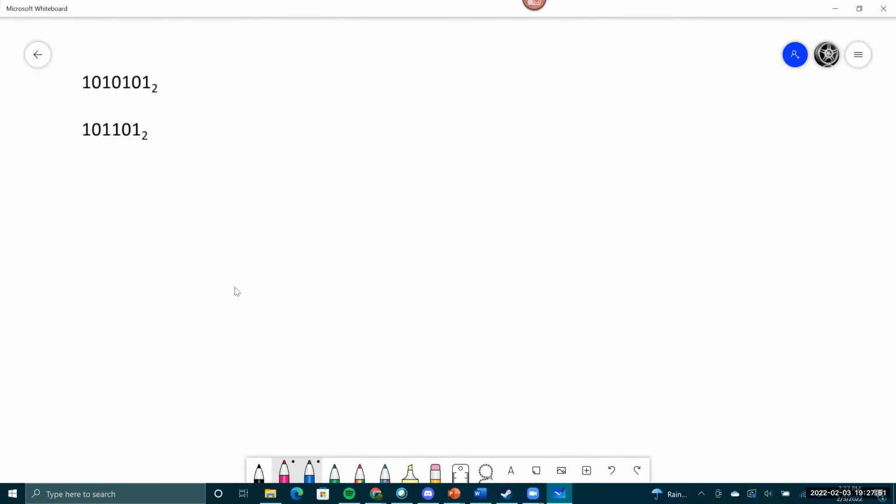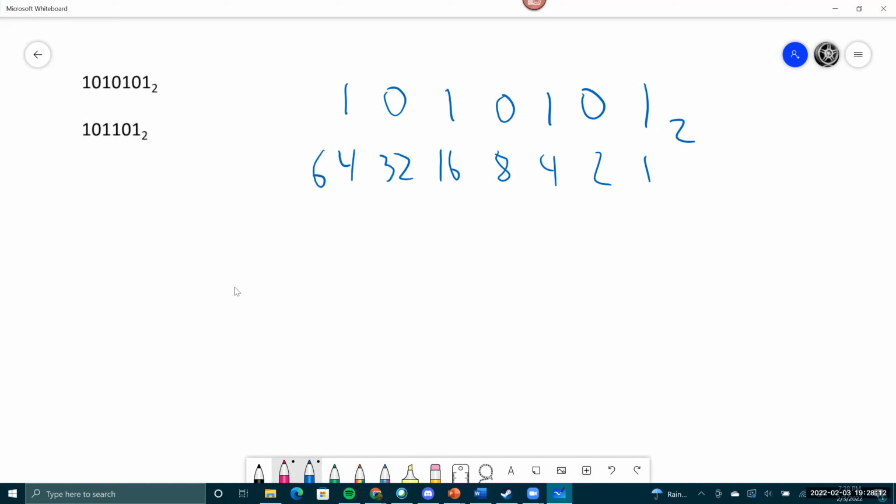I see 1, 0, 1, 0, 1, 0, 1, right? So I want to do this quickly. The way to do it is do your powers of 2 very quickly. It's like 1, 2, 4, 8, 16, 32, 64, right? I just wrote that down very quickly. And then everywhere there's a 1 in the number, I want to add that.